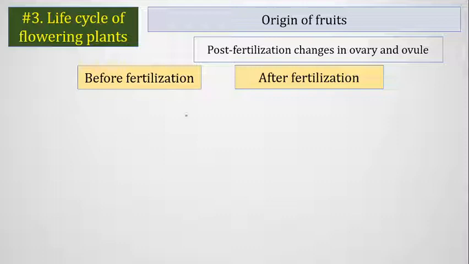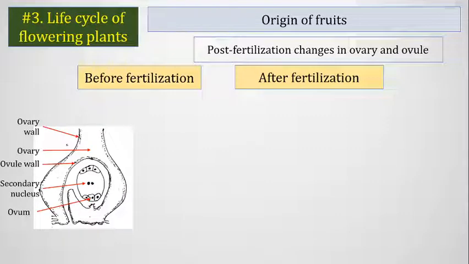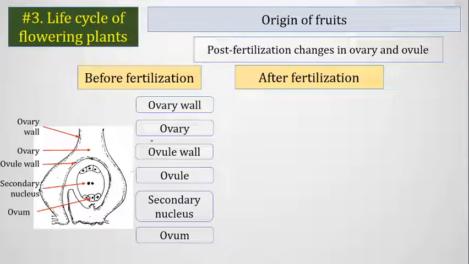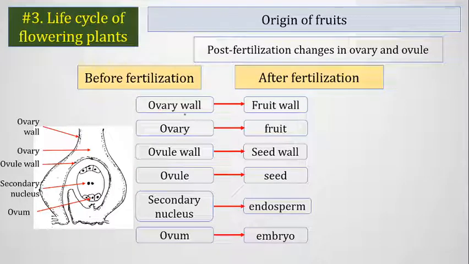Before fertilization, there is the ovary, and there is the ovary wall, and that contains the ovule wall, and that contains the ovule, and inside the ovule there is the ovum and the secondary nucleus. That is the state of an ovary before fertilization, and these parts change into different fruit parts after fertilization. For example, the ovary wall turns into fruit wall.